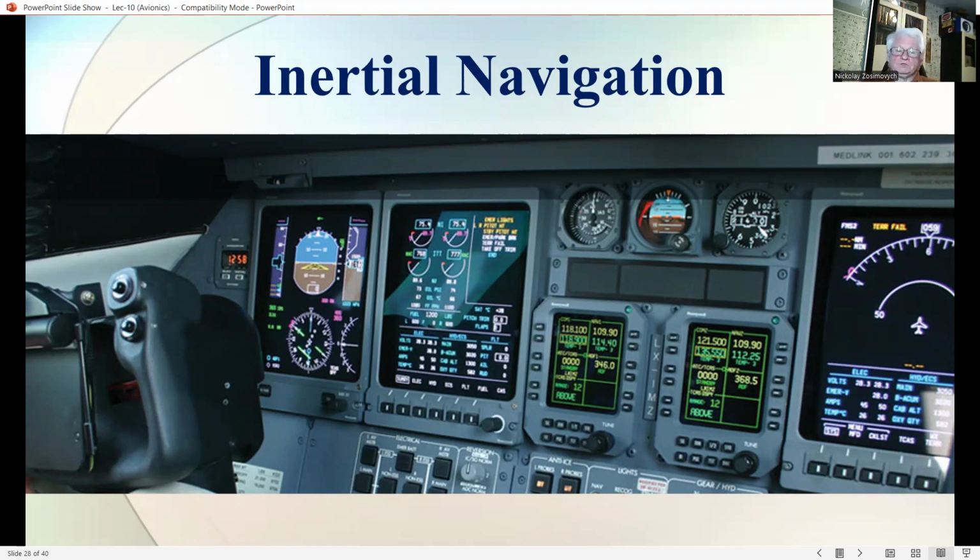The attributes of an ideal navigation and guidance system for military applications can be summarized as follows. First of all, high accuracy, self-contained, autonomous, meaning it does not depend on other systems, passive, meaning it does not radiate, unjammable, and does not require a reference to the ground or outside world.